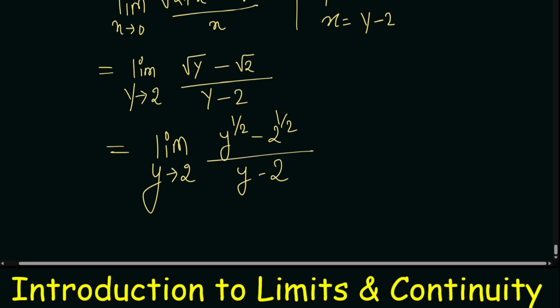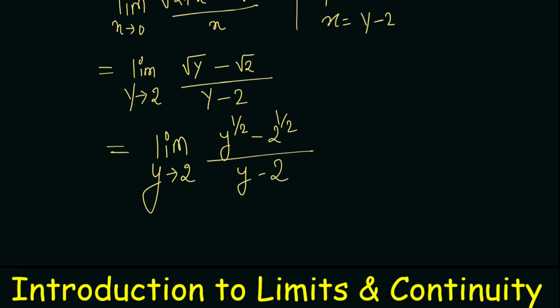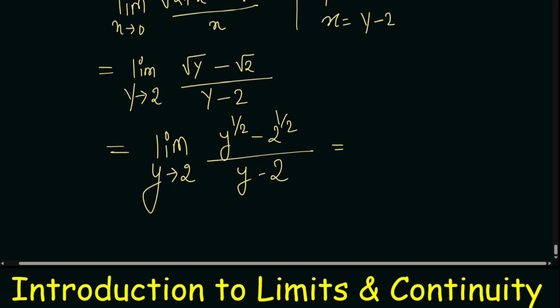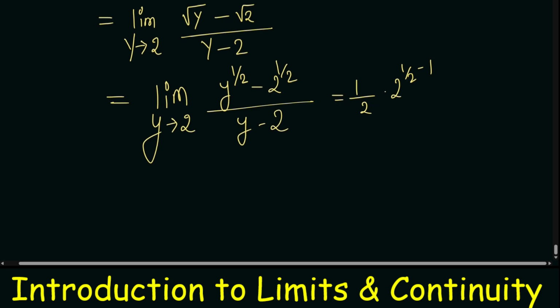Now this is reminiscent of the formula we just used, where we had limit x tends to a, x to the power n minus a to the power n whole divided by x minus a. So we just have the limit here in terms of y, which is the same thing. The answer of this was n into a to the power n minus 1, right? So this would be half into 2 to the power half minus 1 directly from the formula. And this would give you half into 2 to the power minus half, which is nothing but 1 by 2 root 2. And thus we are completed with the answer.